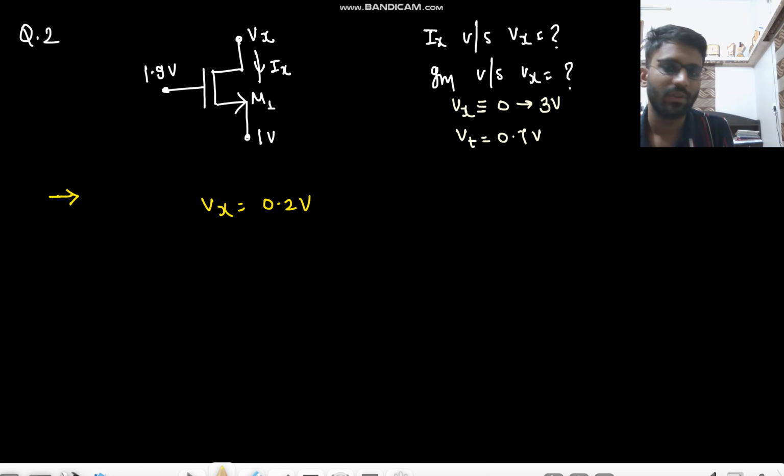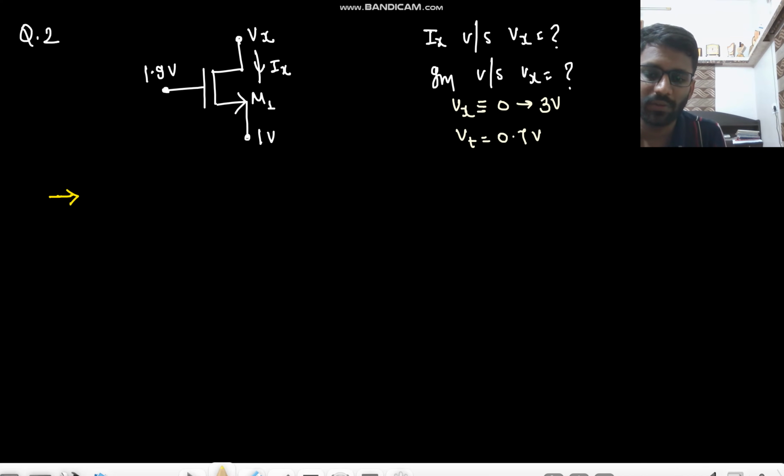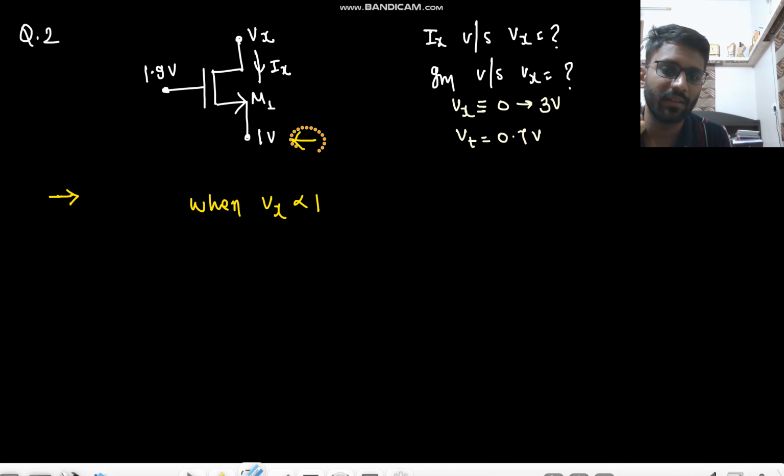So when Vx is less than 1 volt, which will be at higher potential? This one. So this one will act as drain. Let us draw the circuit again.